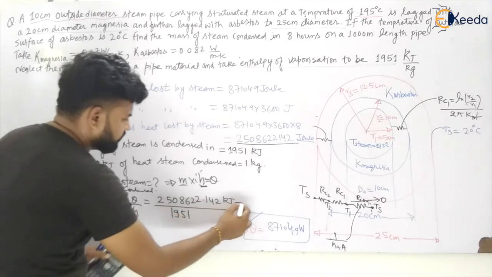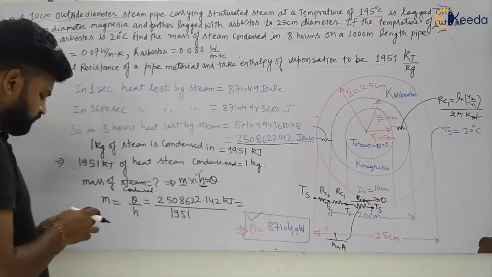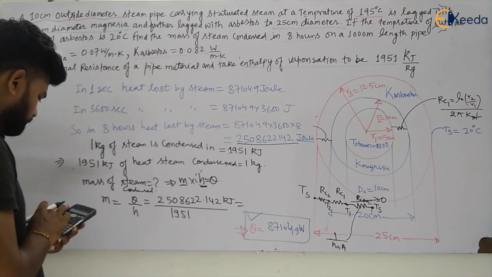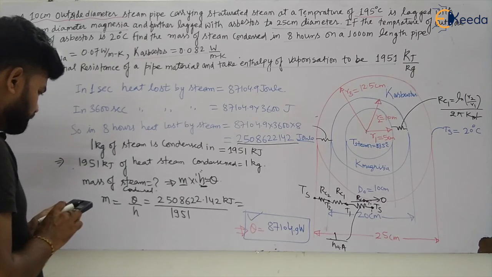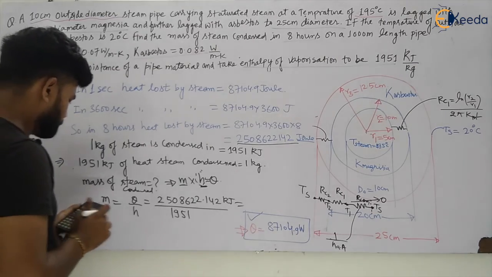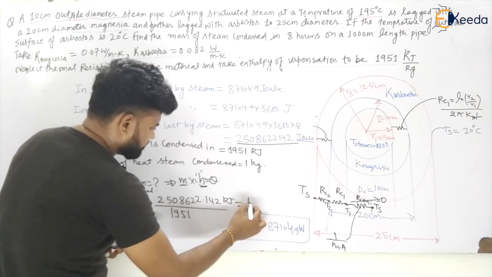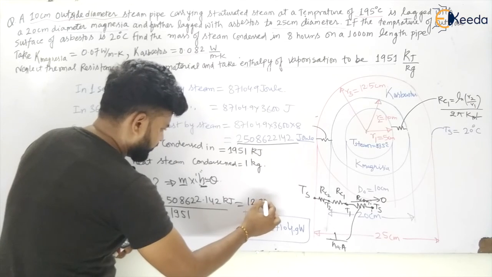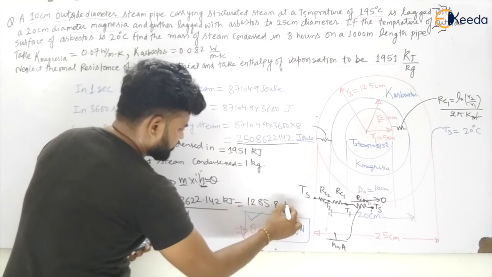So let us see what will be the mass of steam condensed. 1951, my dear students. So this will be 1285.8 kg.